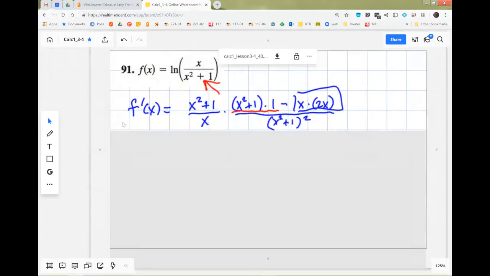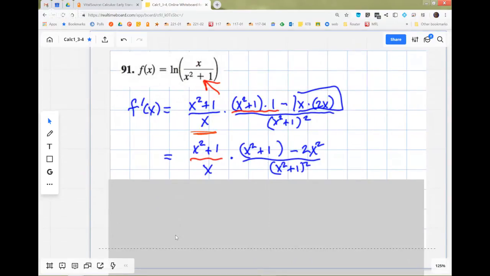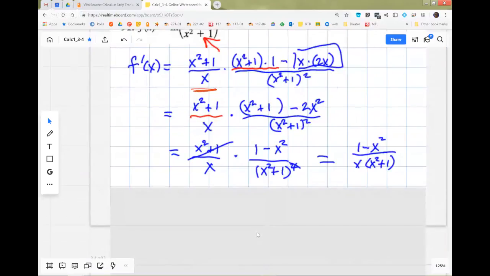So it's not very hard, and then it's just a matter of doing a little bit of simplifying, a little bit of canceling happens. Here's a case where the x squared plus 1 on the top here cancels with one of the two x squared plus 1s in the denominator.